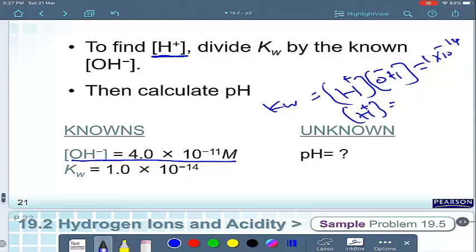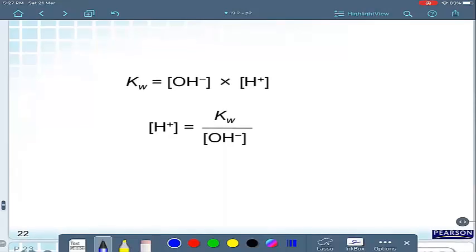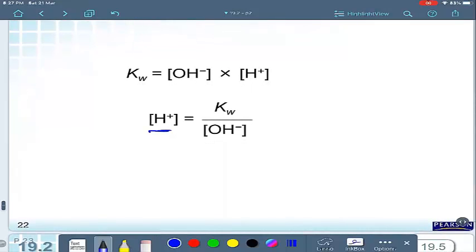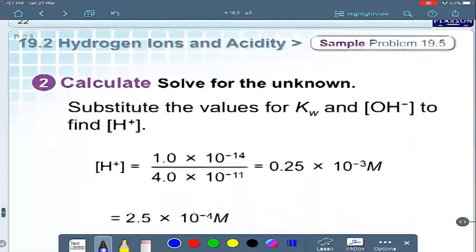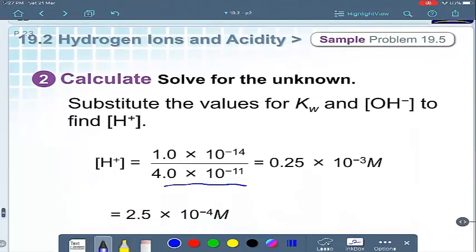H+ equals 1 times 10 to the power of negative 14 divided by the OH- concentration. That's what we are going to do now. You will get the H+ value easily.